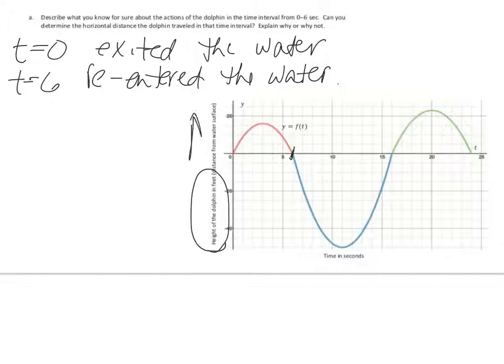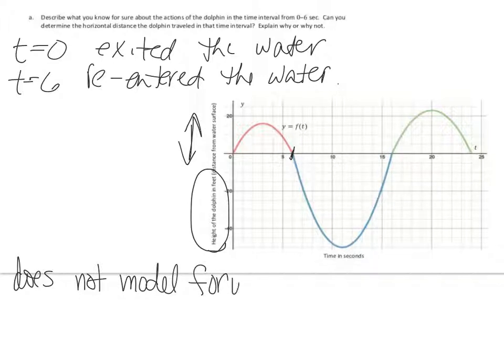Height is vertical distance. Our function doesn't model horizontal distance at all. It does not model forward movement. Okay, just vertical movement and time. We are not interpreting this as trajectory like we have in the last few lessons with a ball.